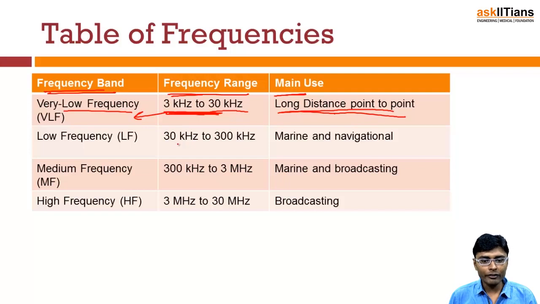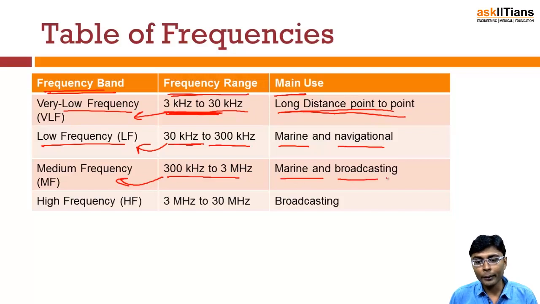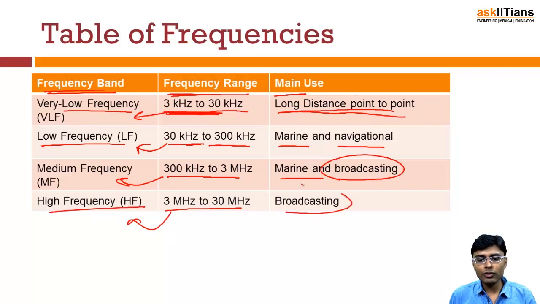The frequency range 30 kilohertz to 300 kilohertz is called the low frequency band, and the main use is marine and navigational purposes, right? Now from 300 kilohertz to 3 megahertz, this band is called the medium frequency band, and it is used for marine and broadcasting purposes. Again, from 3 megahertz to 30 megahertz, this band is called the high frequency band, and it is used for broadcasting purposes, right?